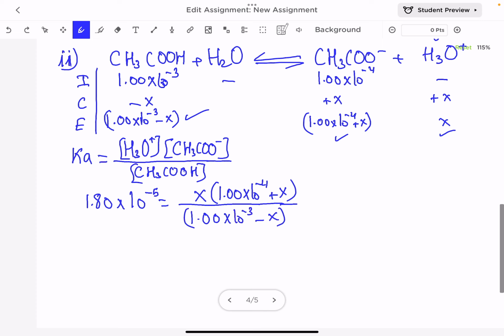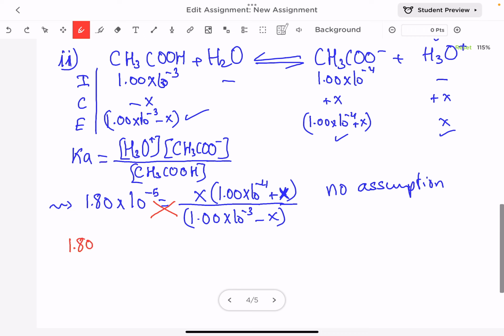And here we cannot make an assumption, no assumptions, because the value of X is going to be so close to the value of Ka. So we need to distribute this equation and multiply these together.